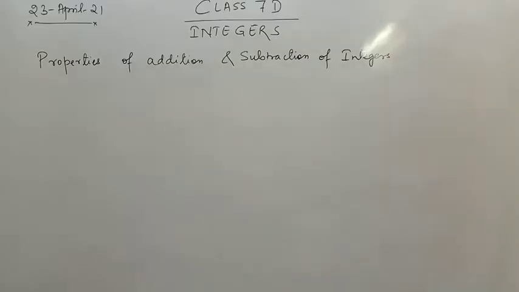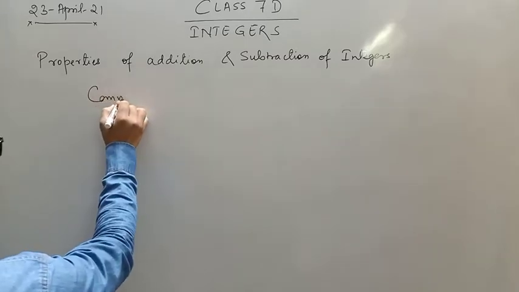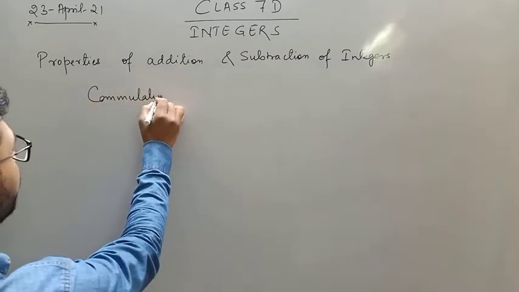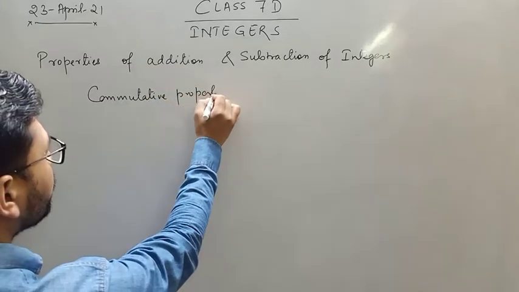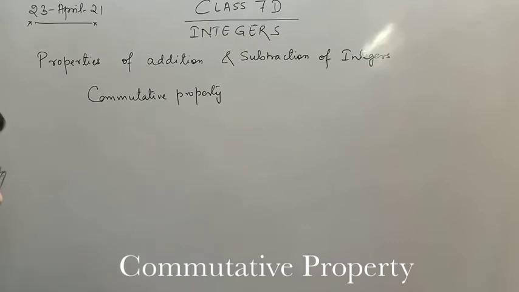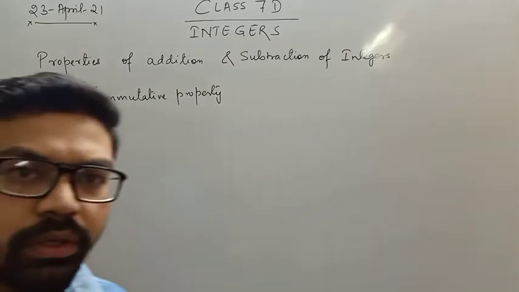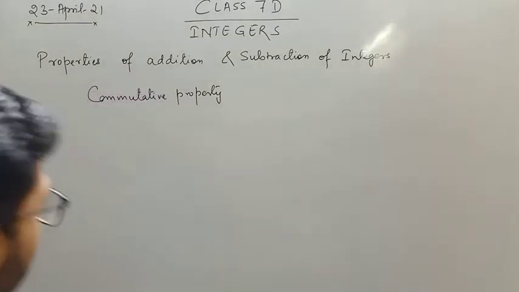Now the next thing is commutative property. Commutative property means if you interchange the position, the result will remain the same. How?